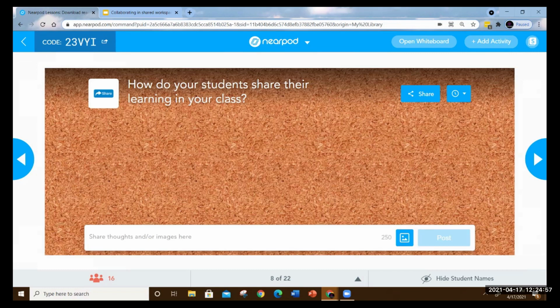You can also click on the blue button that looks like a mountain, and you can search for an image. Like maybe your students share their learning in a worksheet, and you want to post a picture of a worksheet. And then you just hit the word post, and your sticky note will go up onto our shared bulletin board.